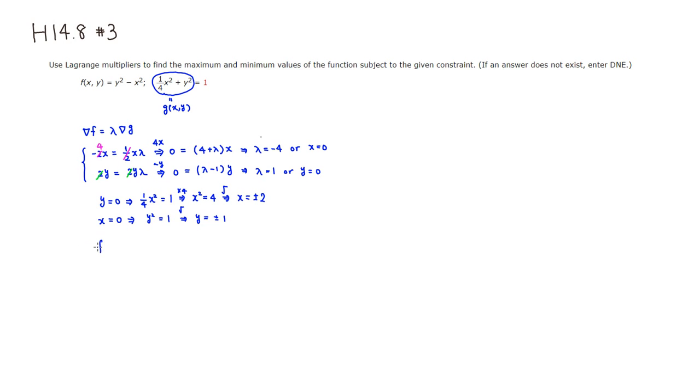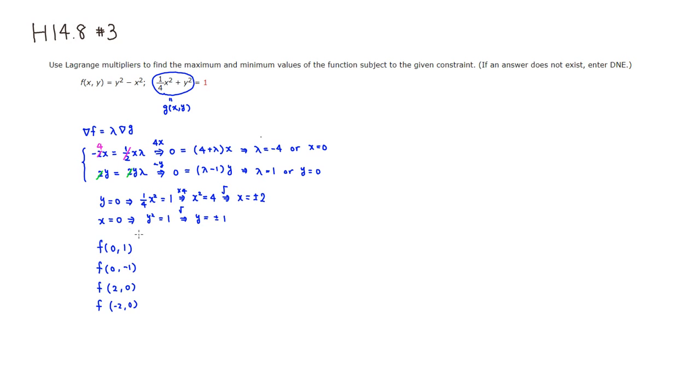So we're going to look at f of these points. First, I'm going to do x equals 0 first: f of 0 comma 1, f of 0 comma -1, and then where y is 0, f of 2 comma 0 and f of -2 comma 0.